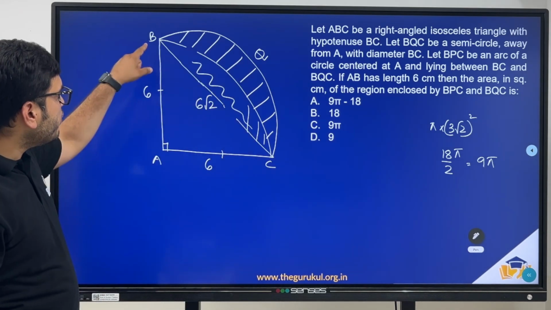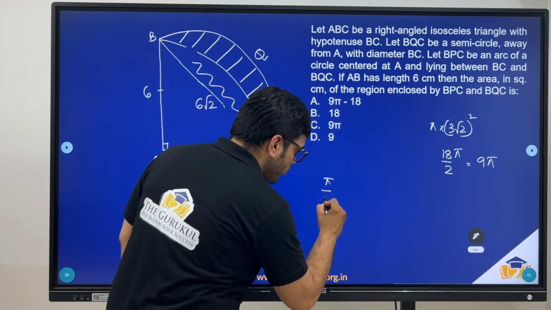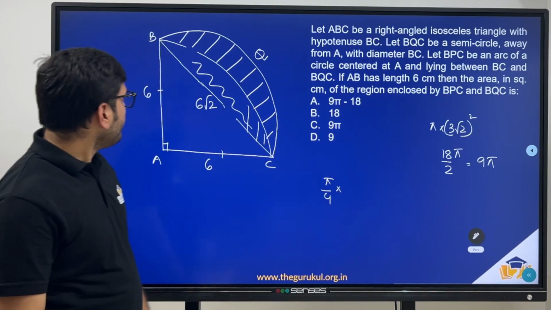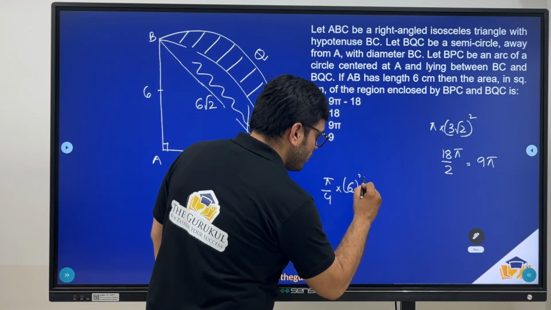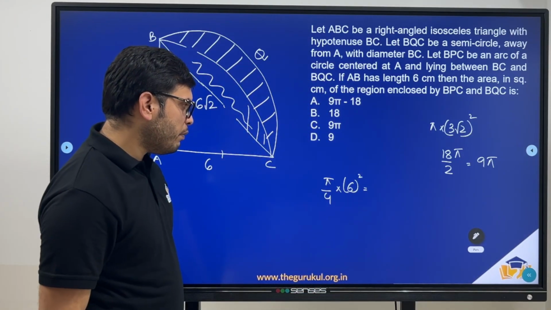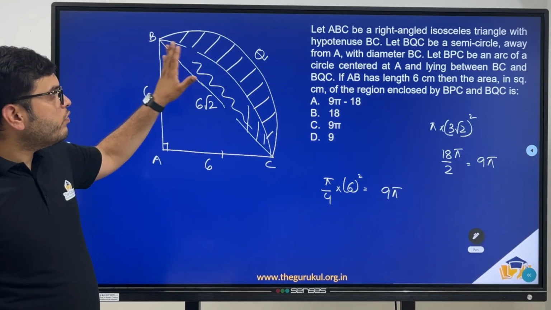Right. Now what is the area of this sector? Pi by 4 into, what is the radius? 6 square. Now which is nothing but 36 pi by 4, 9 pi. Right. So 9 pi is the area of the sector.